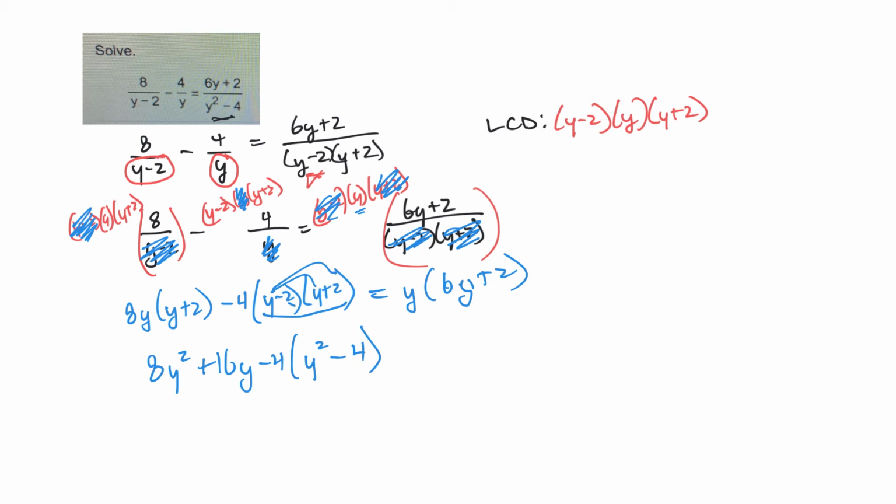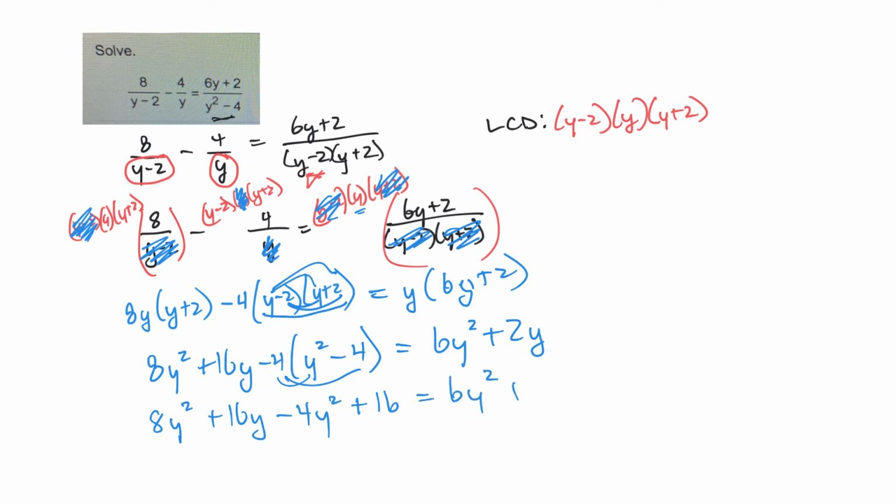Is equal to 6y squared plus 2y. Okay, now we want to collect, we should do this bracket first. 8y squared plus 16y minus 4y squared plus 16, careful with that one, equals 6y squared plus 2y.